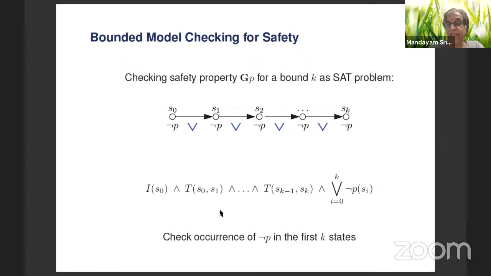Okay, so that is the idea. Is it clear why, if this is SAT, there is a counterexample of length less than or equal to K? If you still have doubt, you will have to ask a question here.